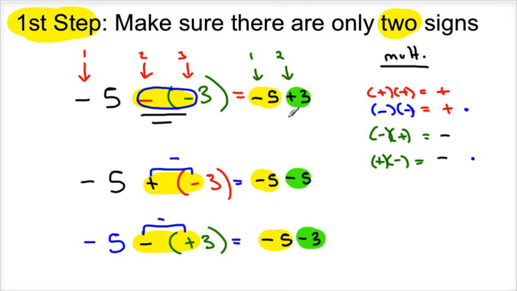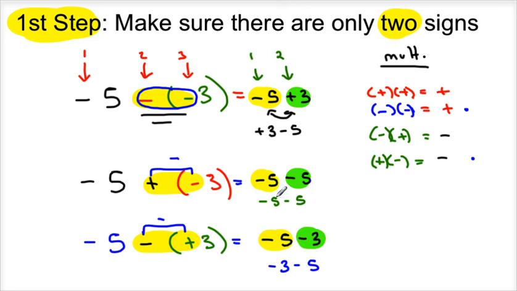I could flip these and say I have positive 3 minus 5. Or I could say I have -5 minus 5, and nothing really changed there. Or I could say I have -3 minus 5. So I can reverse the order on these, but making sure that I keep that sign to the left with that number.